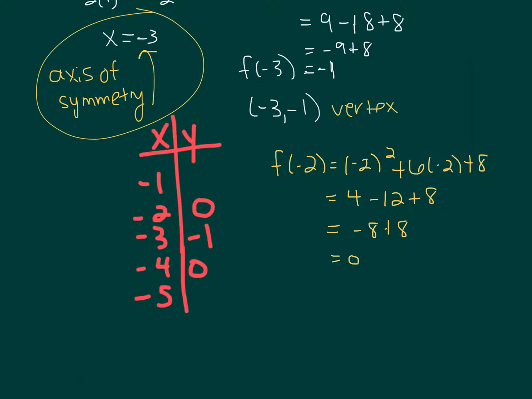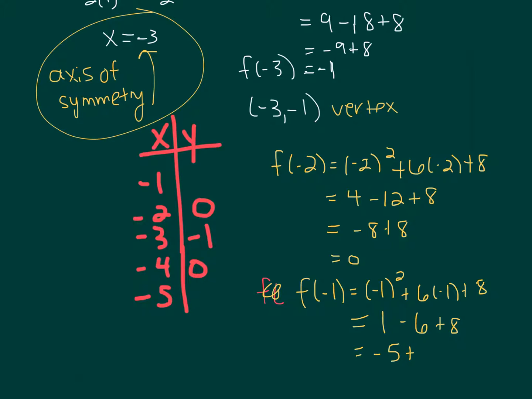And then we need to find one more, so we're going to find f of negative 1. So we got 1 minus 6 plus 8. So we have negative 1 minus 6 is negative 5, plus 8 is positive 3. So that tells us that our outputs for our other two twin points are 3.